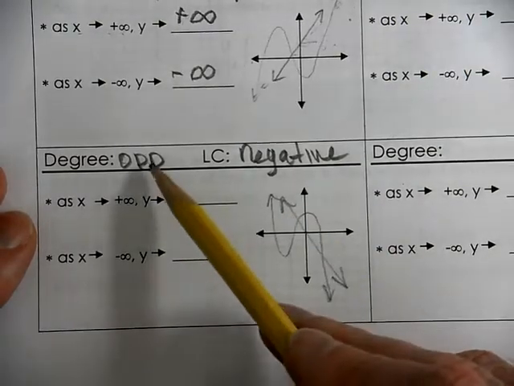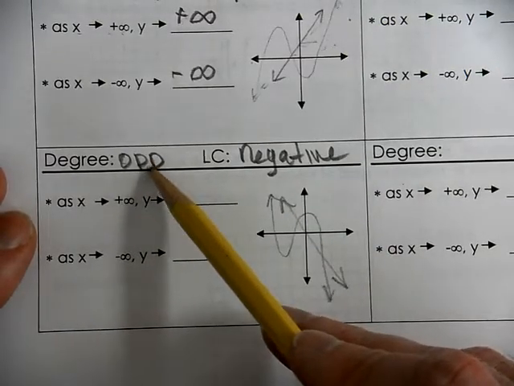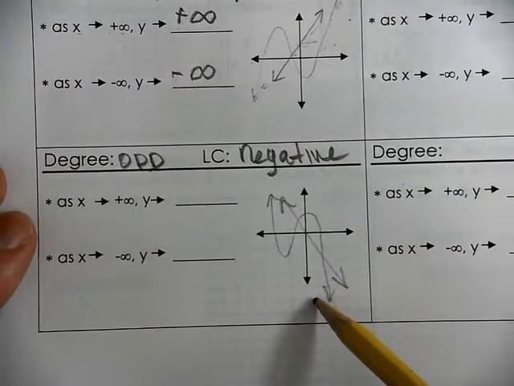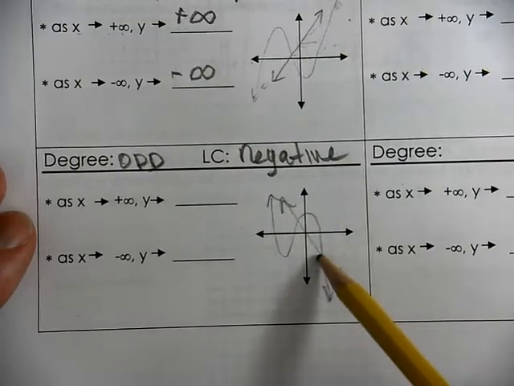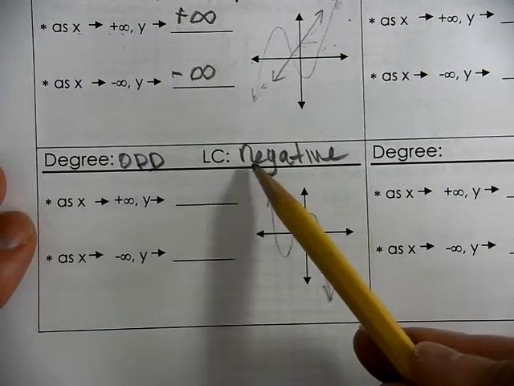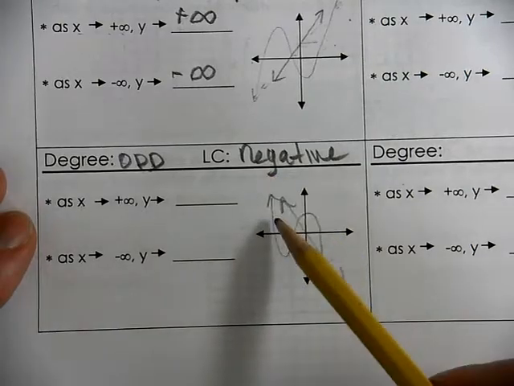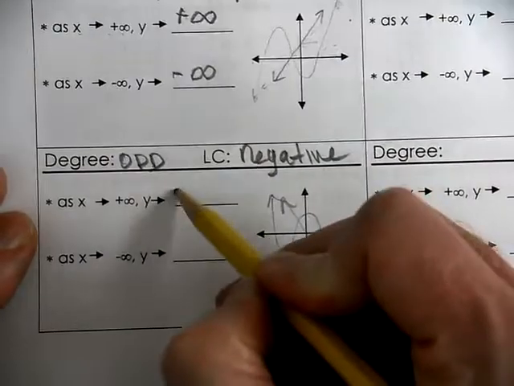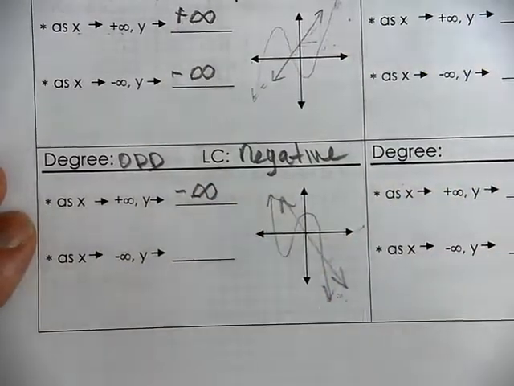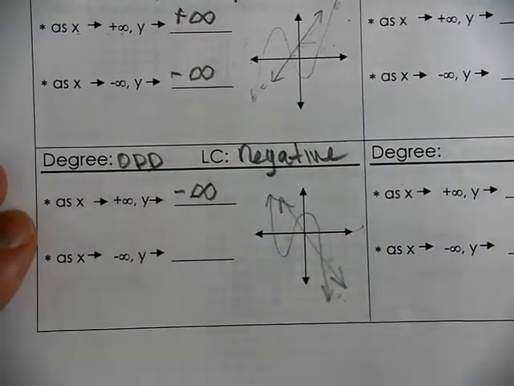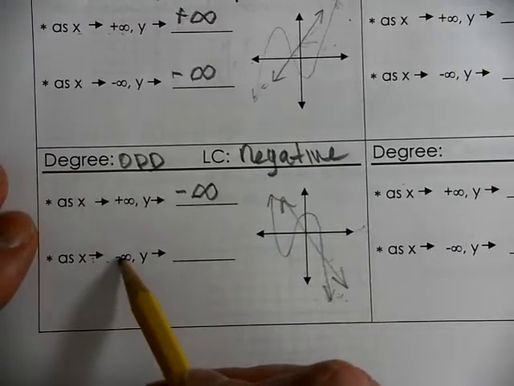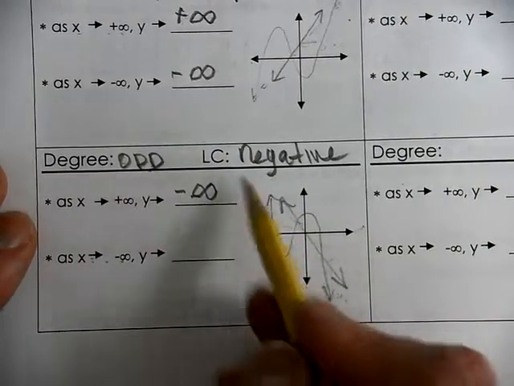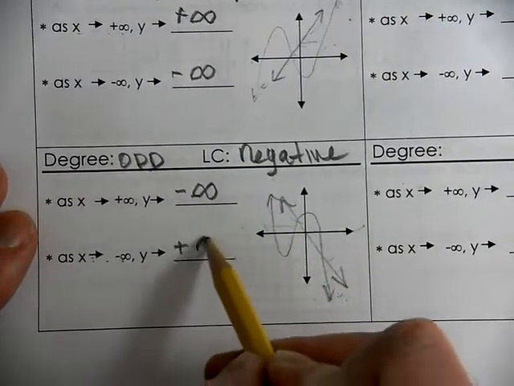So this is going to be true for any odd degree, to the first power, to the third power, even to the fifth power. The pattern's going to be the same. It's going to fall to the right, it's going to end going up. So as x moves to the right, you're going to see that the y value decreases. And as x approaches negative infinity, moves to the left, we notice that the graphs all head upwards to positive infinity.